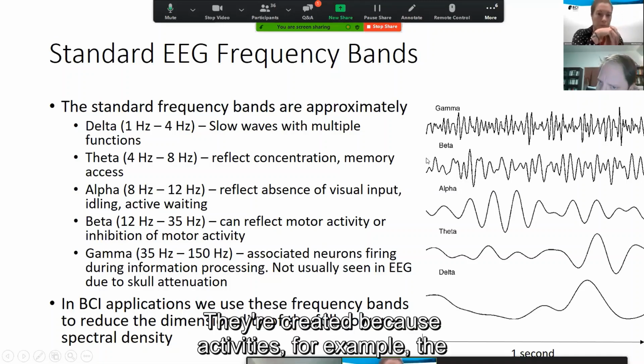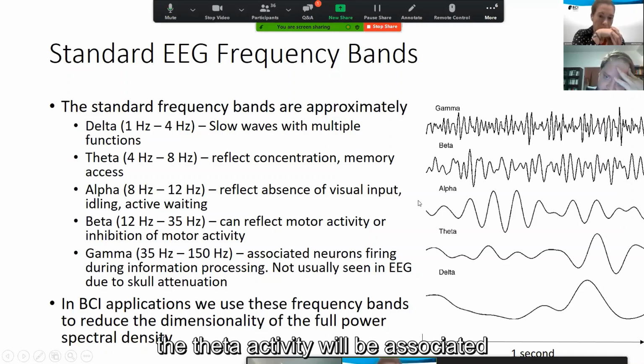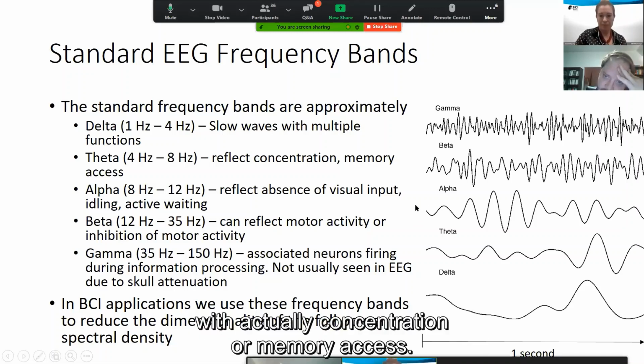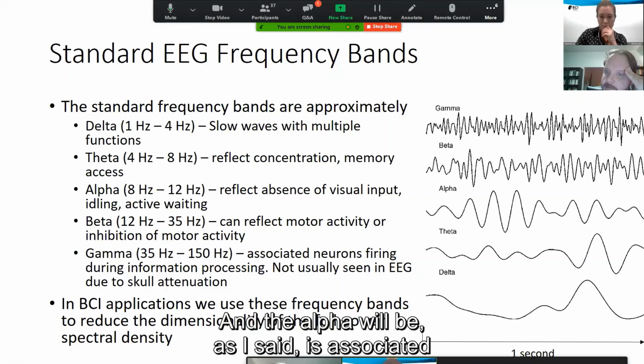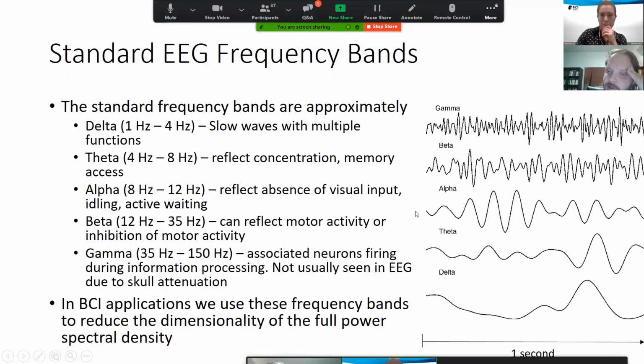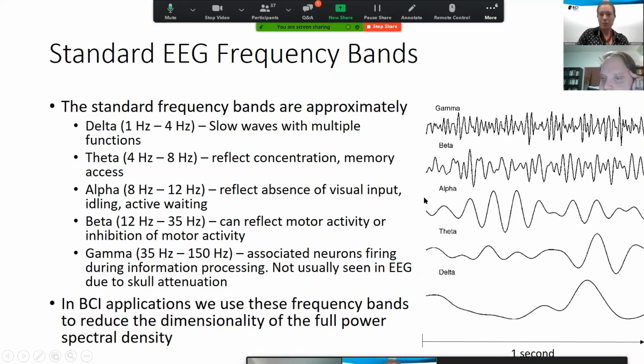For example, the theta activity will be associated with concentration or memory access, and the alpha will be, as I said, associated with this visual idling process.